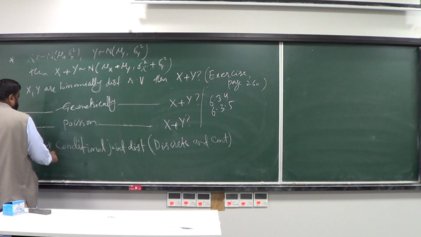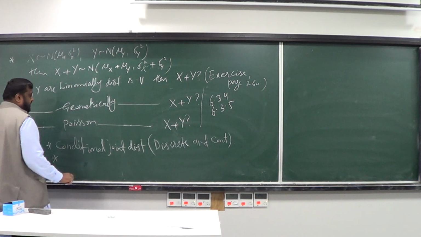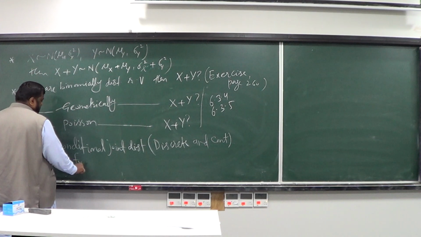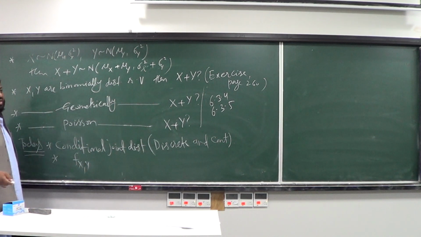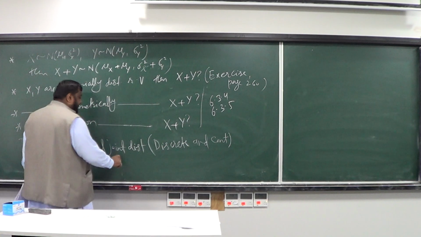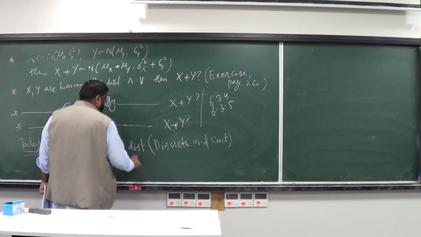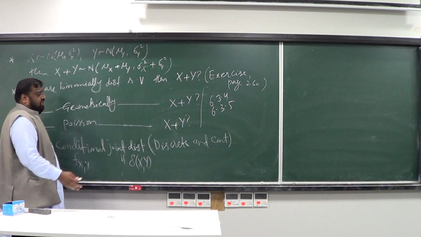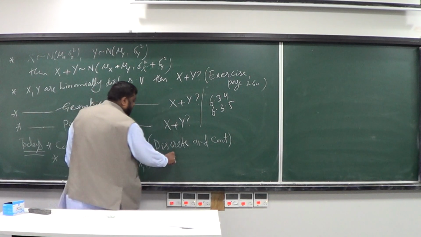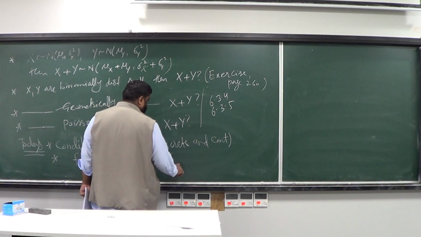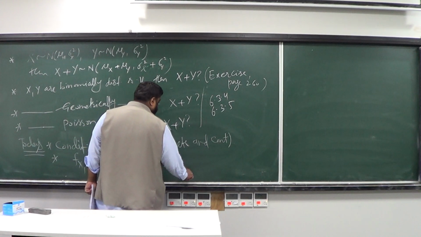And the next thing that we're going to cover today is this: if you have the joint distribution of two random variables X and Y, and I have a function of X and Y, say let's call this function g, then what would be the distribution of this function of X, Y?